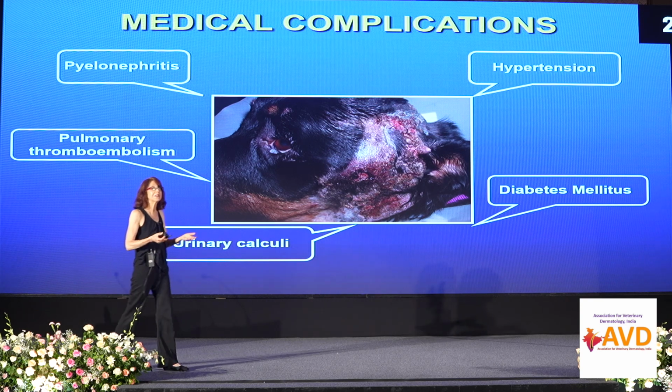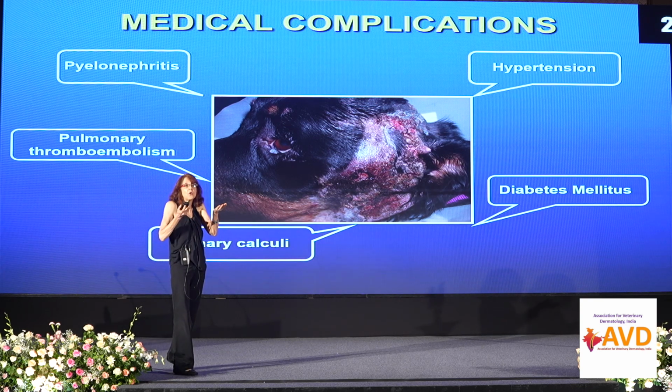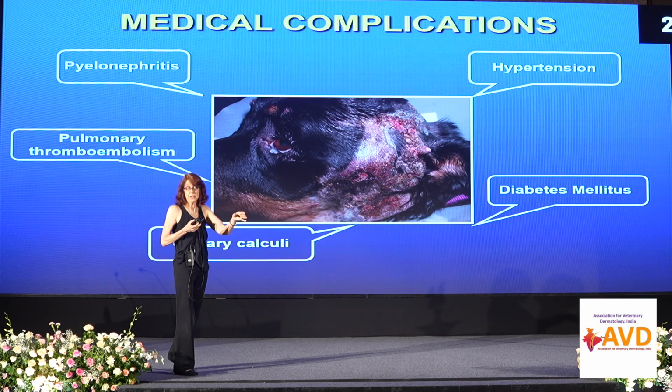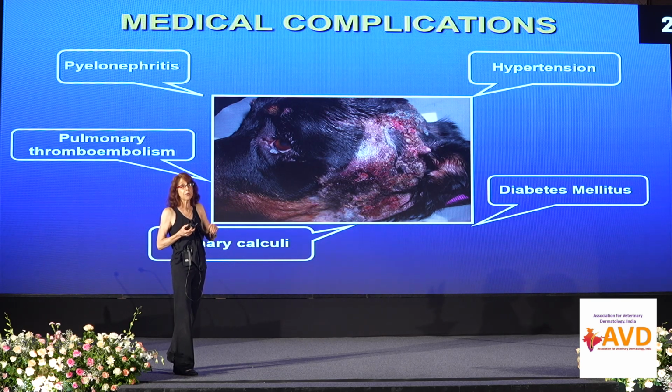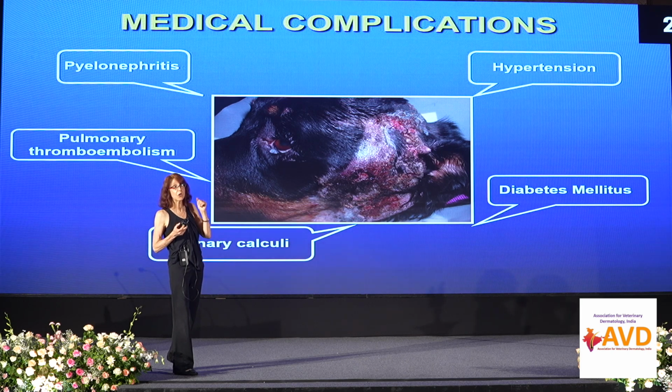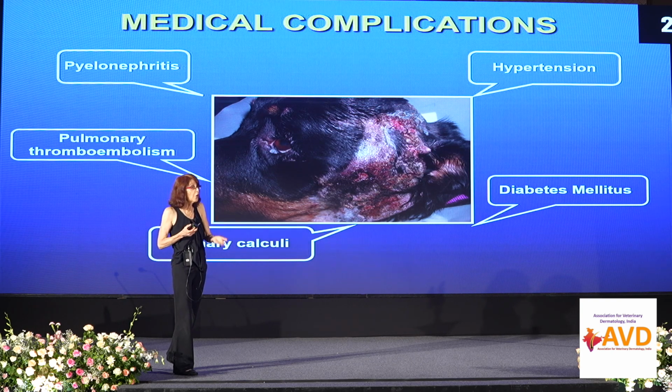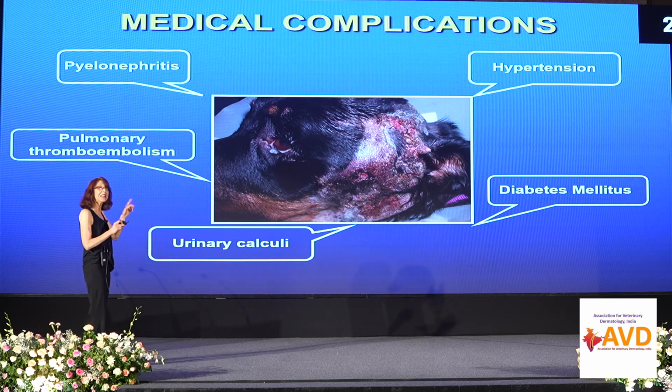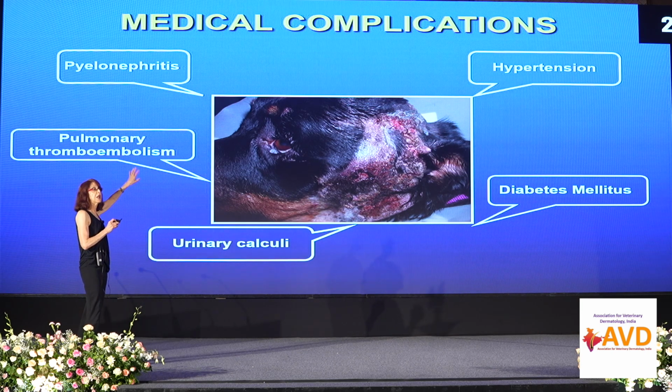These dogs with Cushing's are in a hypercoagulable state, so they lose anticoagulants through the urine too, antithrombin III, for example, which is in smaller concentration in dogs with Cushing's disease. So they can develop thromboembolism, usually pulmonary thromboembolism.